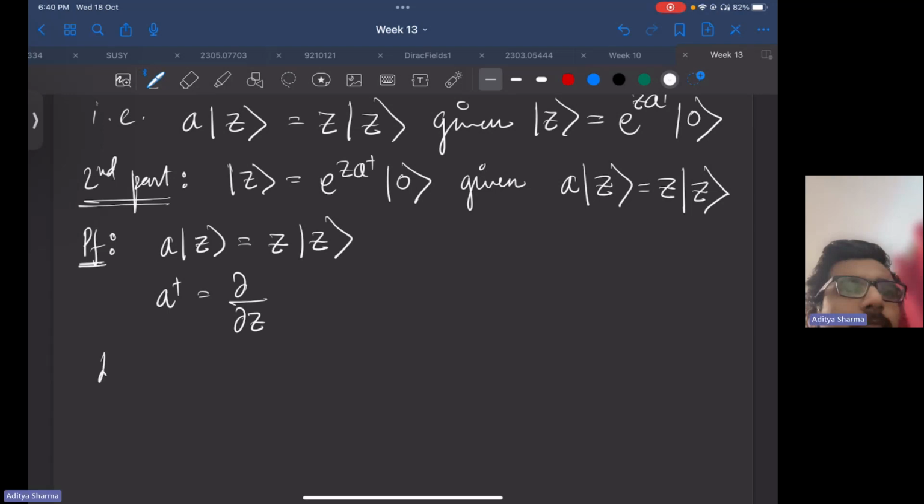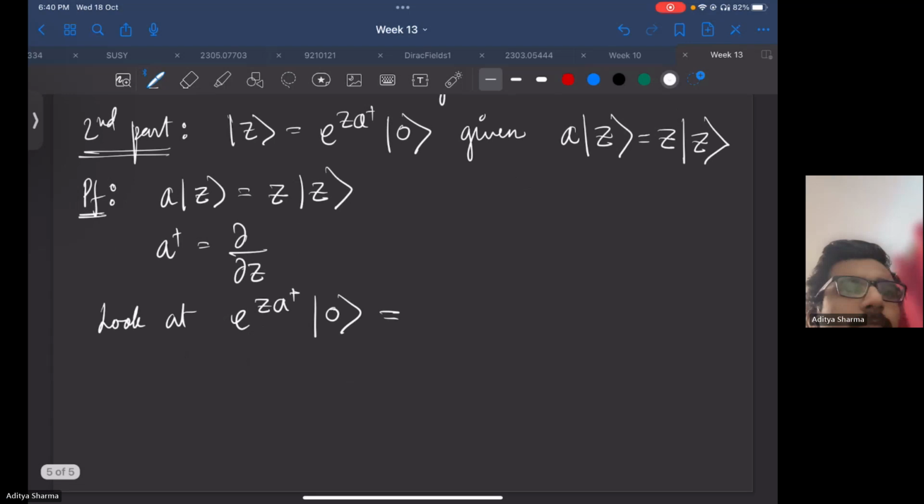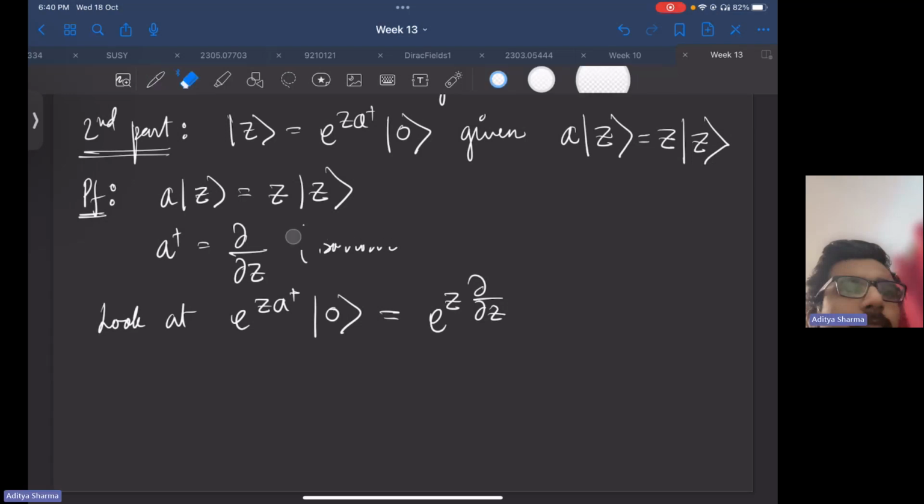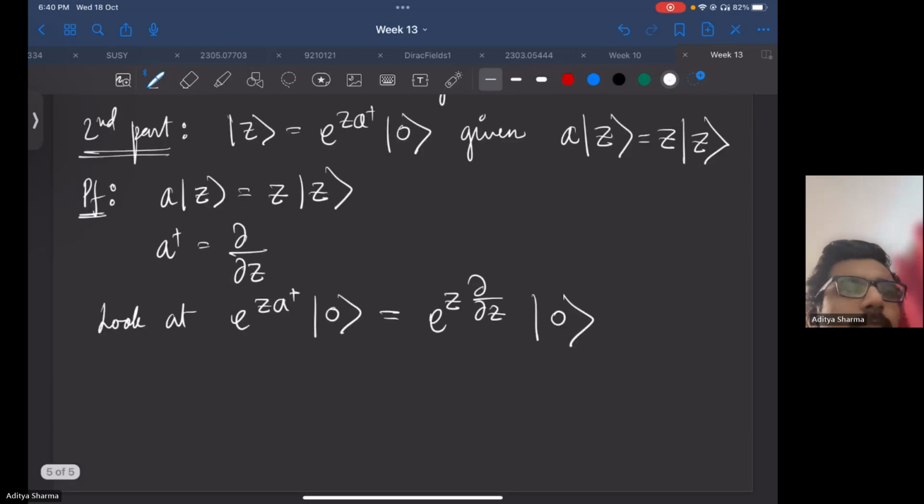Now look at e to the power Z A dagger on 0. This can be written as e to the power Z del del Z. This has been borrowed from Sir's notation, which is correct. Now, since these are kets, I want to think of them as a position space representation of some function at the point 0.